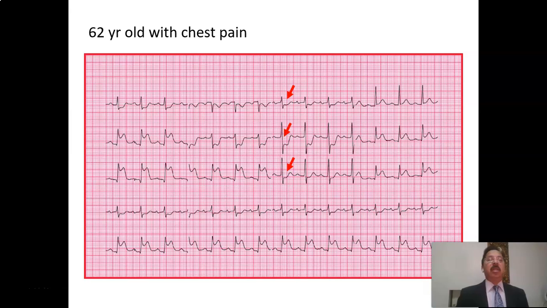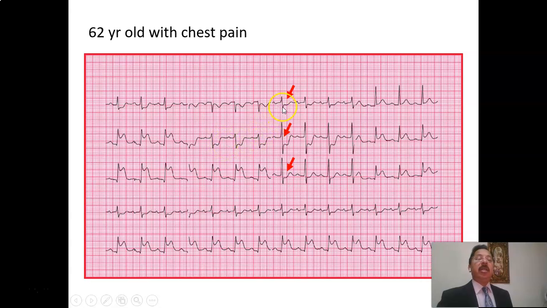Look at this one. It's a 62-year-old with chest pain, and here you see again ST segment elevation in leads II, III, and aVF. So this is your inferior MI, and even the lateral leads V5 and V6 are involved. So this is your inferolateral myocardial infarction, and in I and aVL there is ST segment depression. These are reciprocal changes.